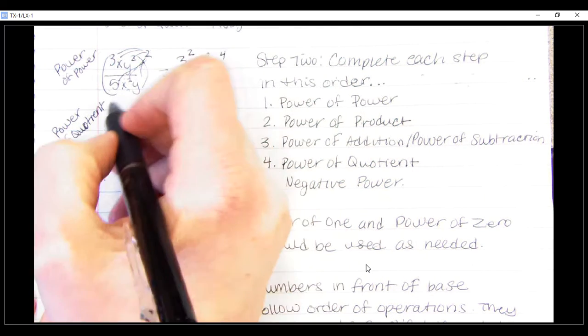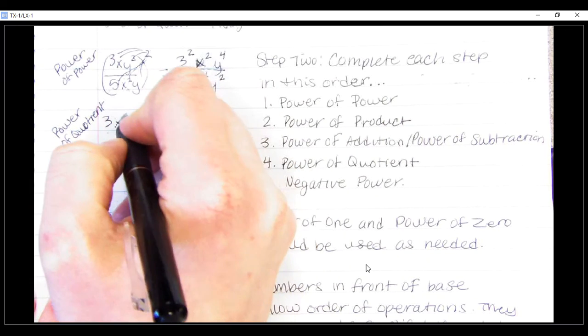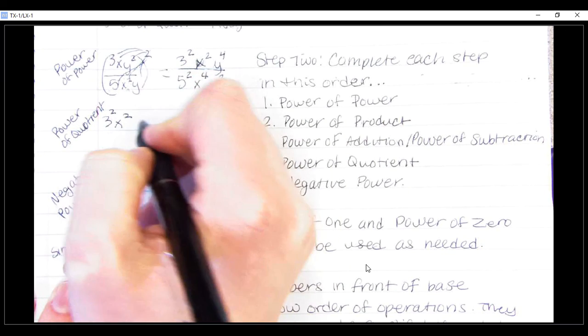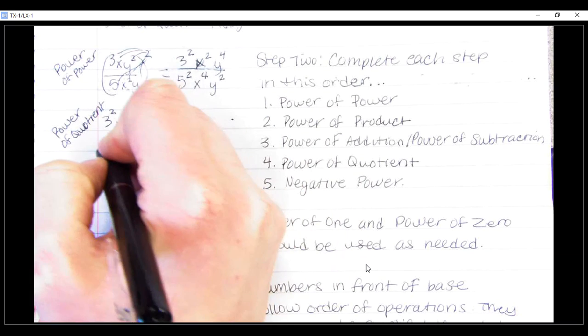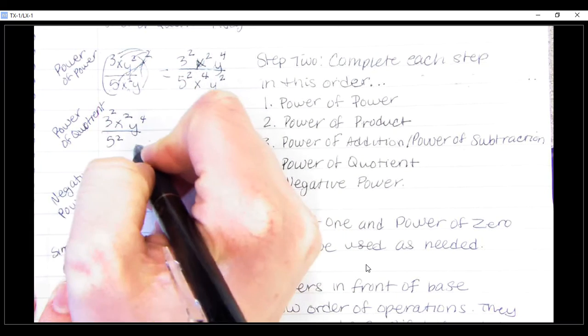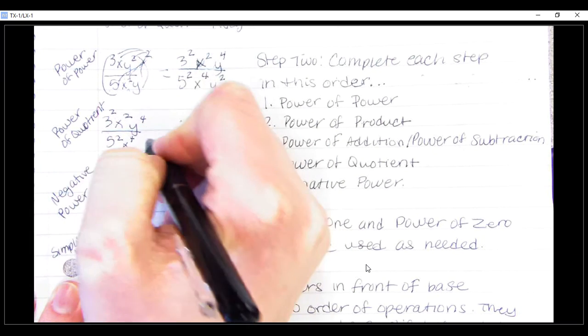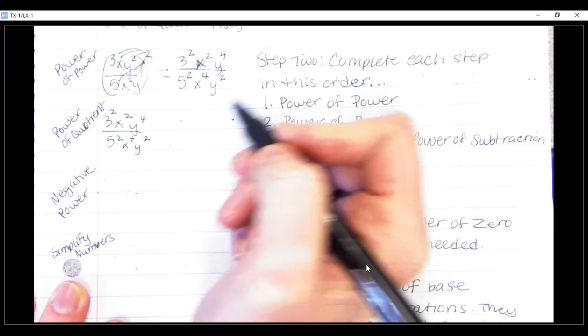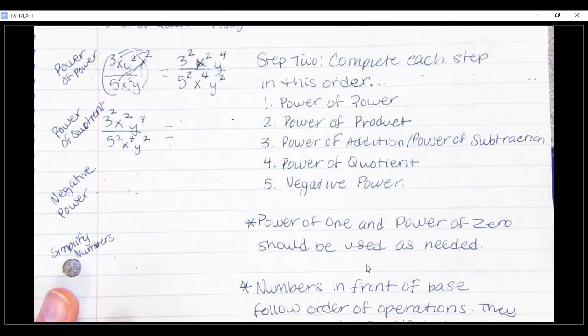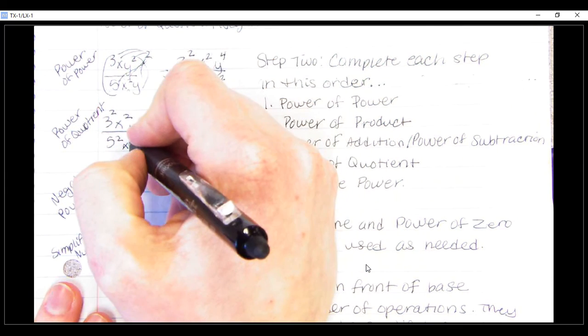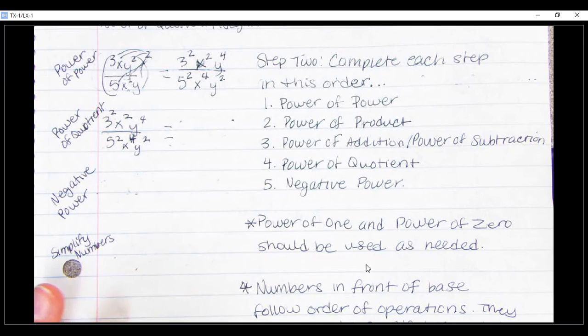So if I take what I have up here, now power of quotient, I have my same bases, and then I'm going to subtract my powers. So again, the numbers in front act completely different if you are just looking at them as numbers.